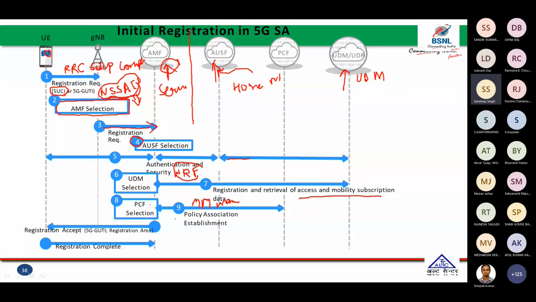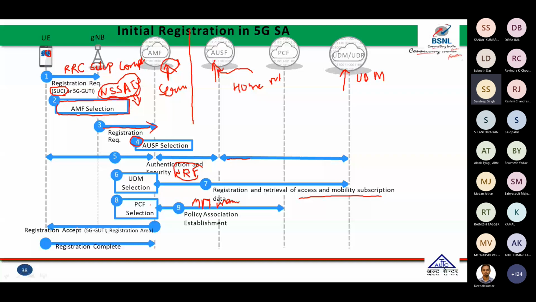So the PCF query is for the mobility management policy rules. They ask the PCF and they get the policy regarding mobility management, registration, attach, or everything. Right? They get the policy and they send the registration accept message to the UE.